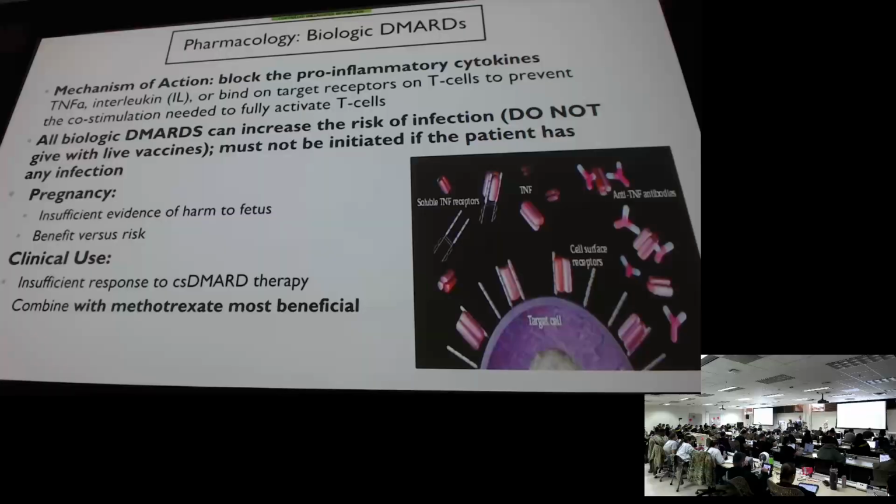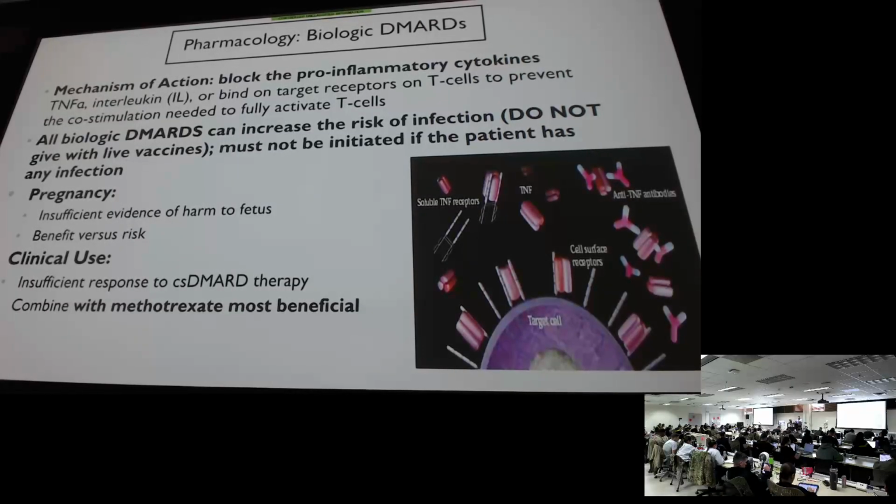You don't need to be that far down in the weeds with it. I need you to just understand the difference between the biologics and then the TNF-alpha class versus the non-TNF-alpha class. And then as I did with the conventionals, I'll point out the special things you need to be aware of. Combined with methotrexate, most beneficial, just like we talked about on the flow chart from the ACR.